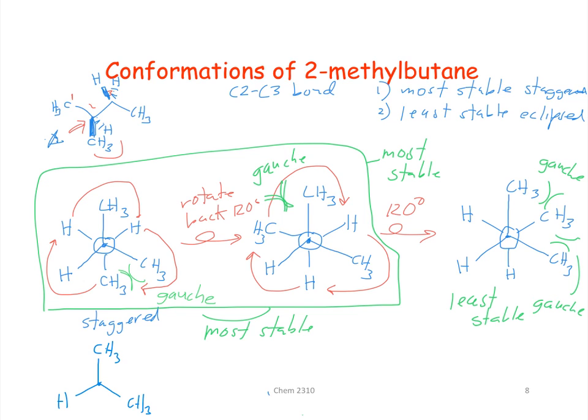Okay, so I'll draw all of these out again. Remember, the one in the back is a circle. So we're going to have an H here. We could have CH3 here and an H over here.